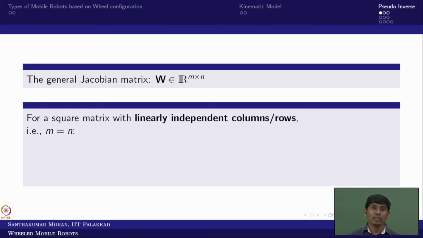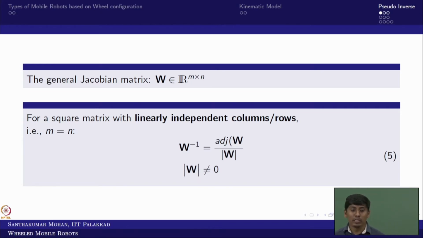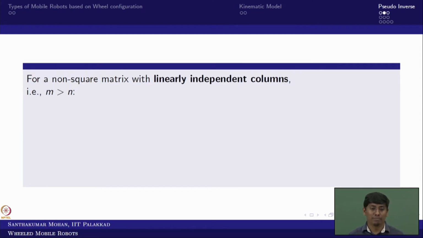In addition, it has independent columns or rows, so the singularity no longer exists, in the sense W inverse exists. Why is it so? The determinant of W is non-zero. So you can find the W inverse with the help of adjoint W divided by mod of W, which is the determinant. So now, if the determinant of W exists, then you can do it, right. But this is one case. Now imagine this is rectangular, where m is greater than n.